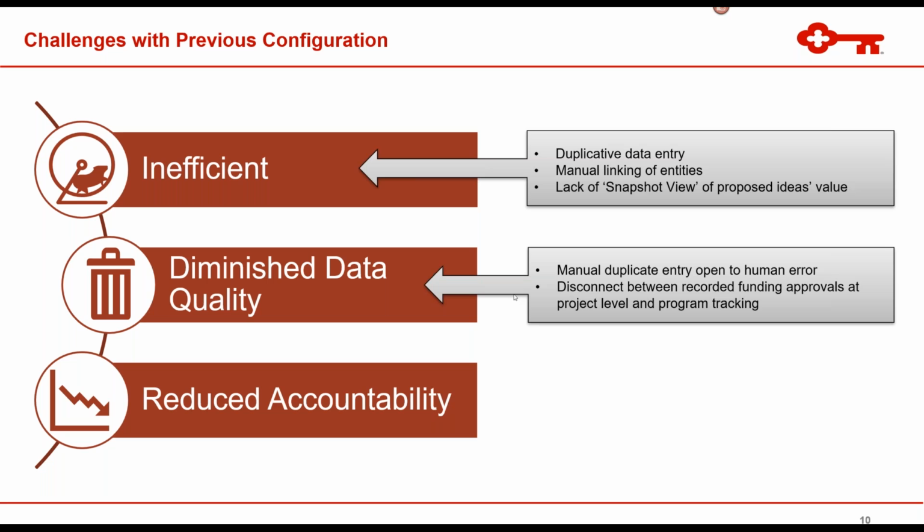And then there is a disconnect overall between recorded funding approvals at the project level and then program tracking. So if you're funding the project and then manually having to add that approved funding at the program level to kind of keep the two in sync, that manual disconnect was a problem.